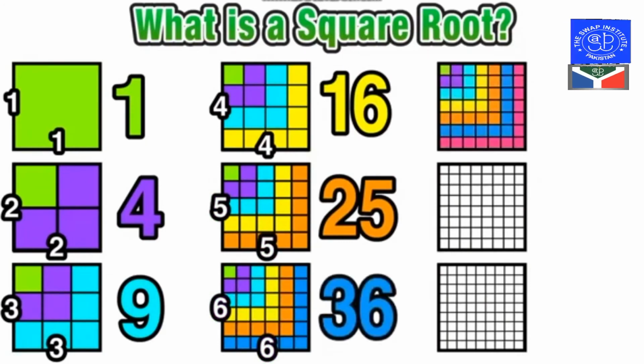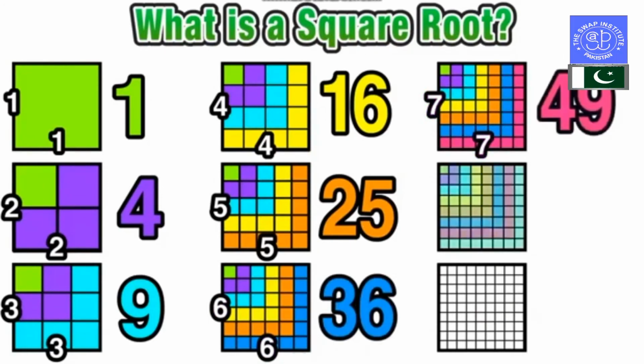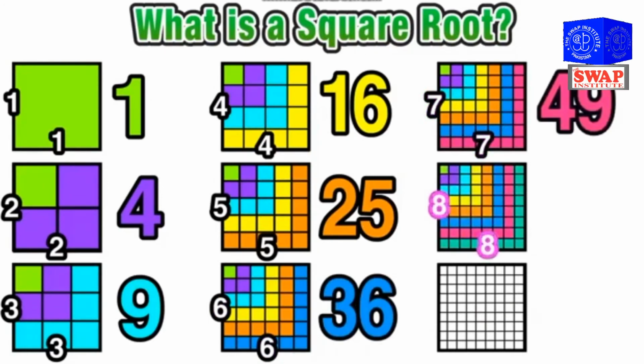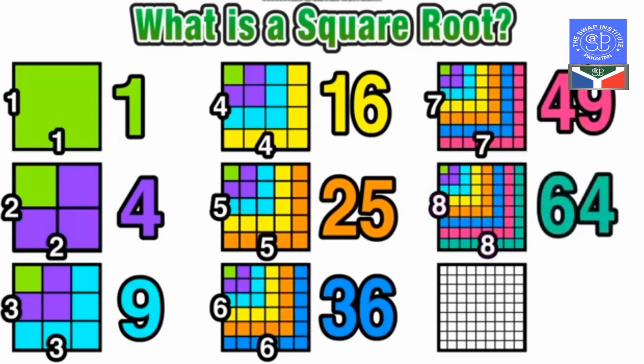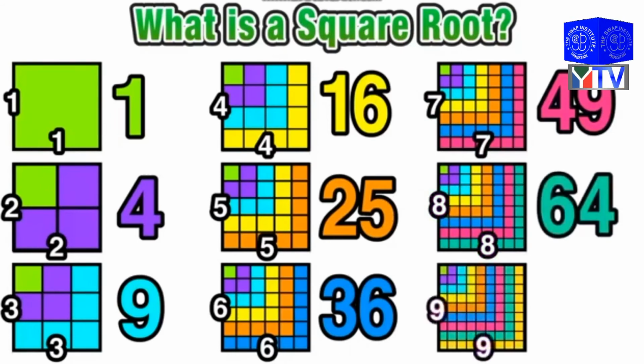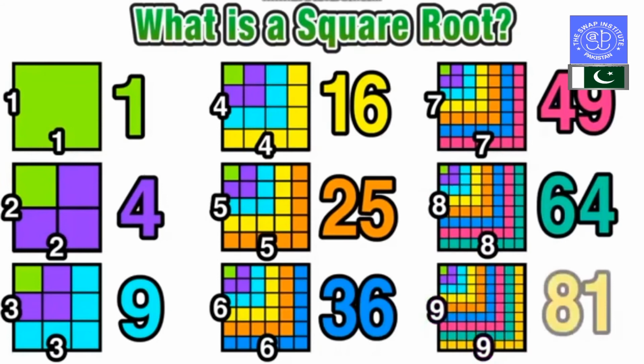You can see I am multiplying the whole number with itself. Same as 7 into 7 is equal to 49, 8 times 8 is equal to 64, and 9 times 9 is equal to 81. These are all perfect squares because I am multiplying a whole number by itself.